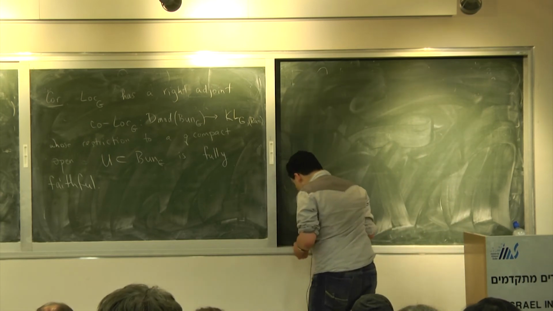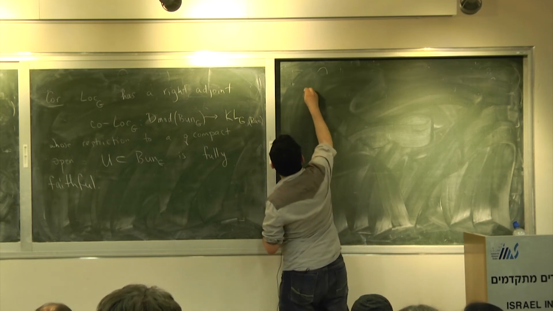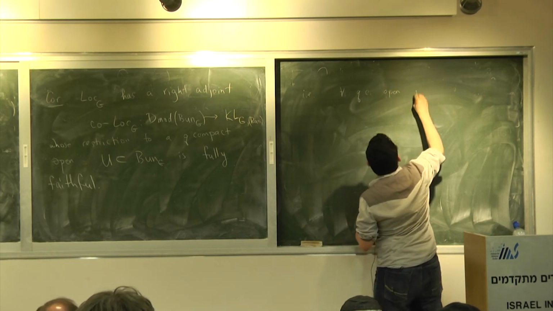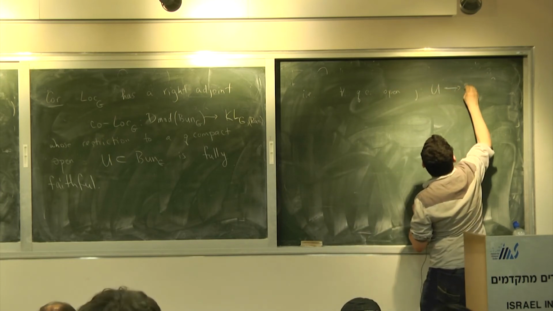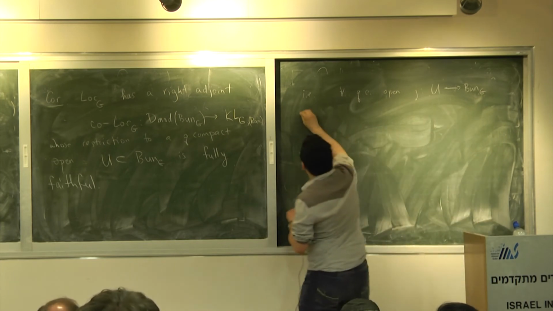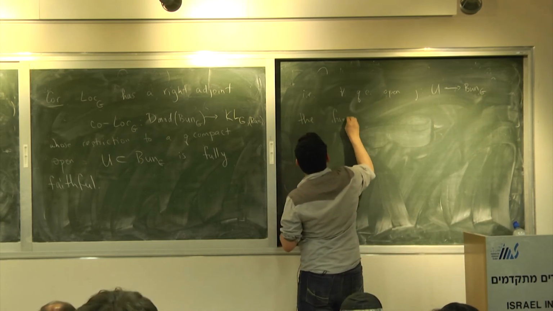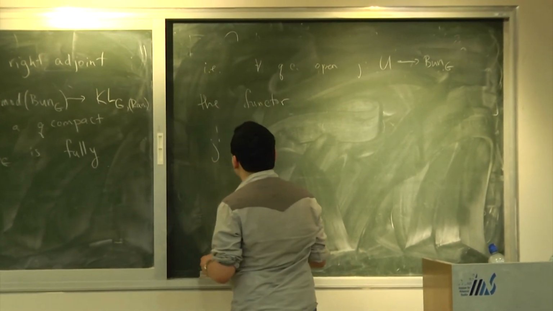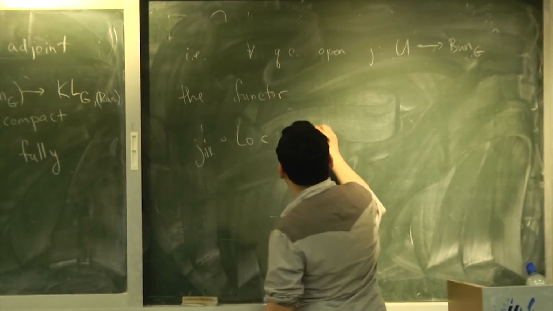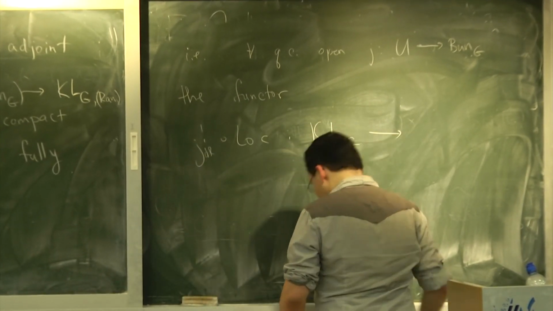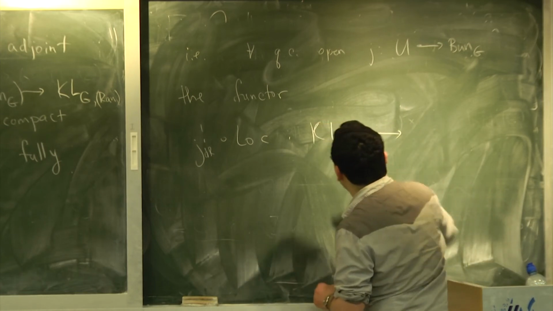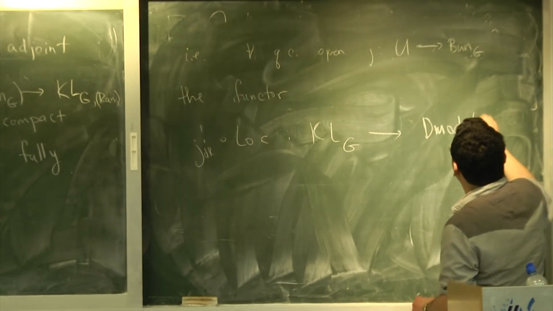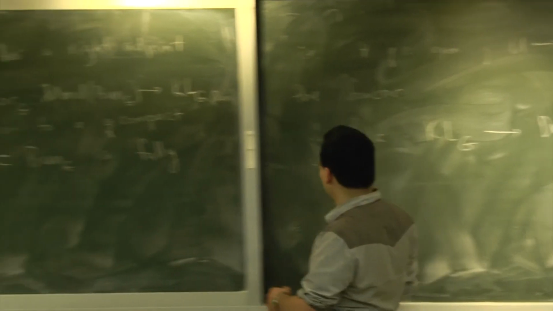Tautologically, for any quasi-compact open U inside of Bun-G, the functor where first we do loc, then we do D-module pull back from this Kac-Moody category to D-modules on U, is a Verdier quotient.